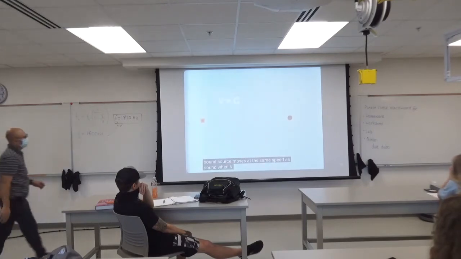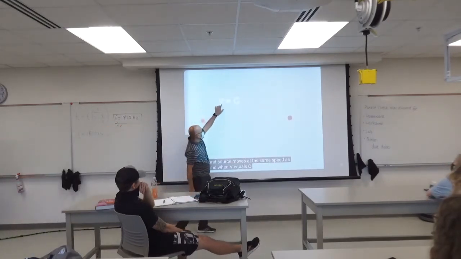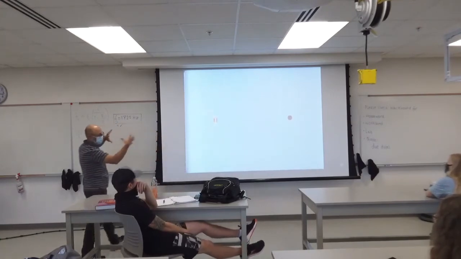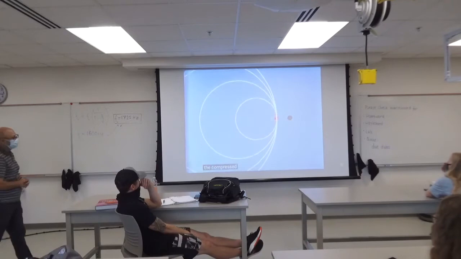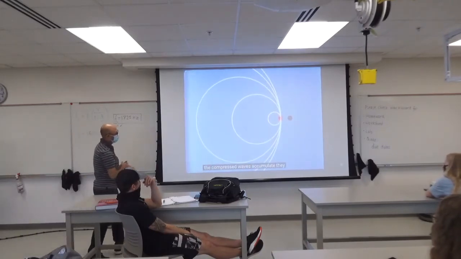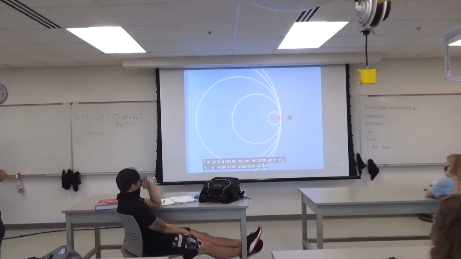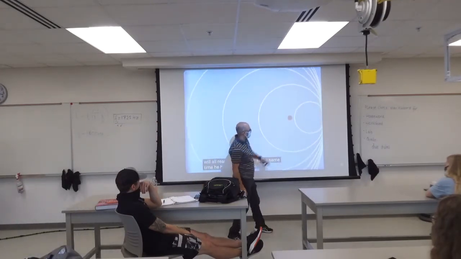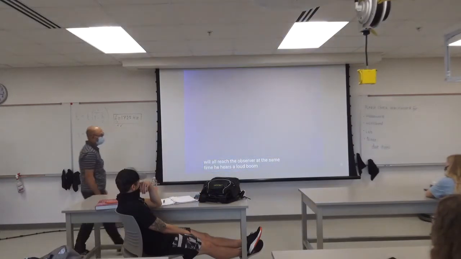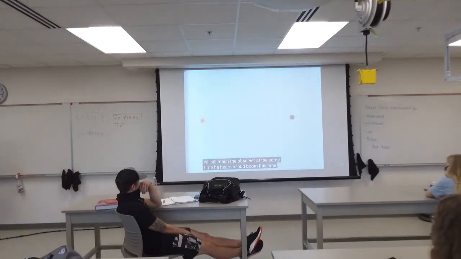Now this time, the source will travel at the same speed as the expansion of the wave. So they are moving to the right at the same speed. And when a person standing here hears the sound, he or she will hear a loud booming sound, which is called a sonic boom.